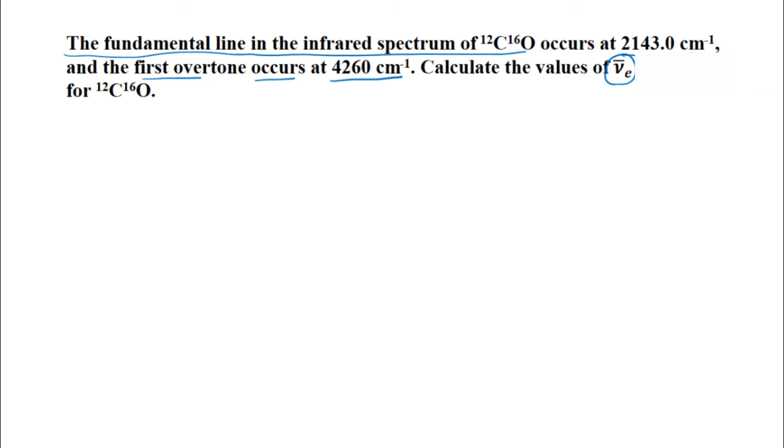So, we know the fundamental transition happens at the energy associated in wave numbers for the fundamental transition is nu bar E minus 2 nu bar E chi E. So, we just showed this expression in this lecture.